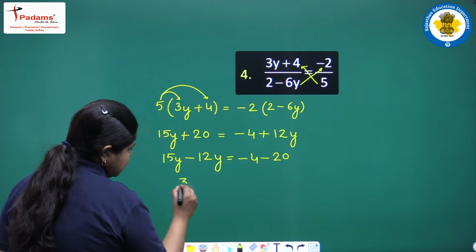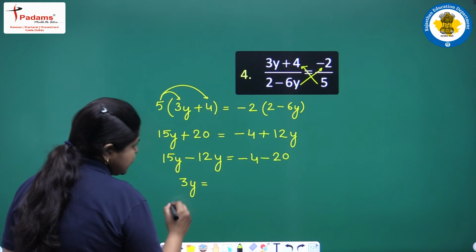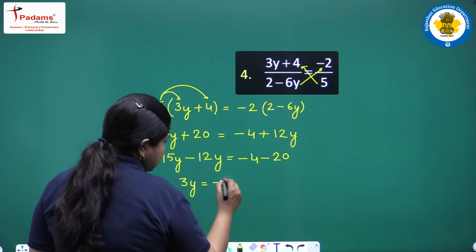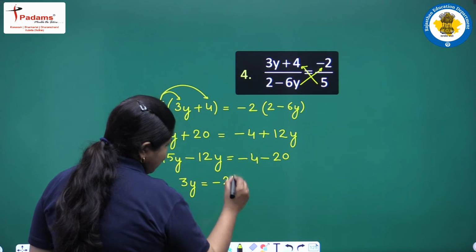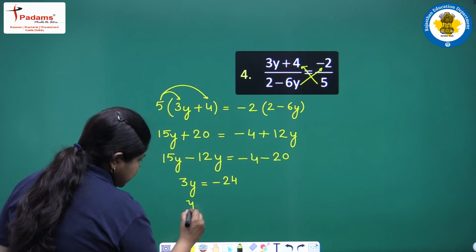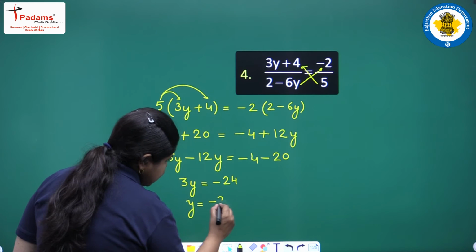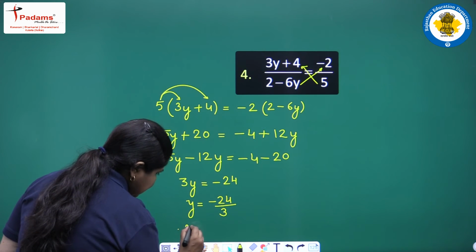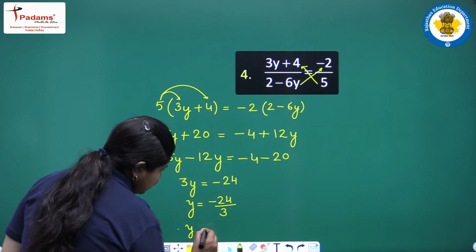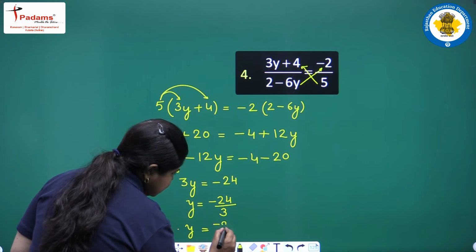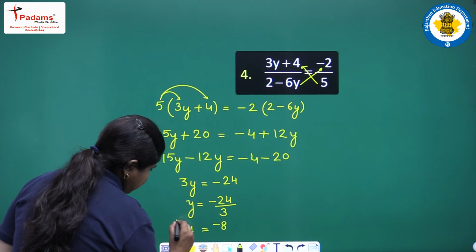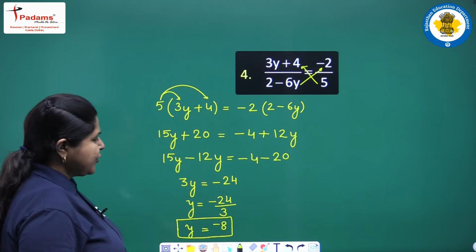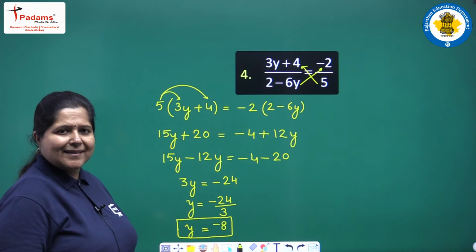This gives us 3y equal to -4 and -20 both added up, -24. This gives us y equal to -24 upon 3 and this gives us y equal to -8. This is the solution of this equation.